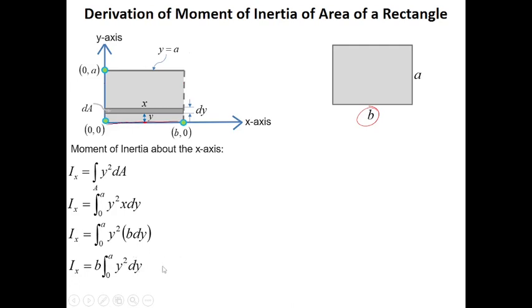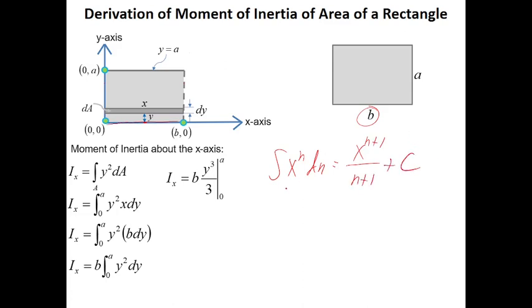So, integral of y squared dy in calculus, that is y cubed over 3, using the power formula. Di ba yung formula na integral of x to the n dx is x to the n plus 1 over n plus 1 plus c. Diba? So, kaya 2 plus 1 over 2 plus 1. So, 3.